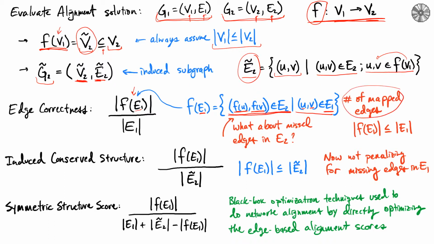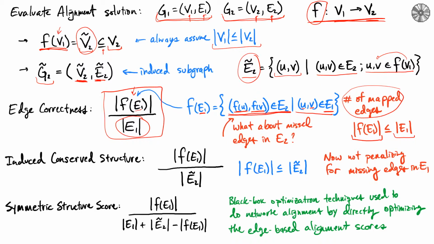And notice that the number that we map correctly is always going to be less than the total number of edges that we're matching. And so for that reason, we just take this fraction, and it tells us the fraction of edges out of the first graph that we map correctly. Now the problem with this is that if we have 2 graphs, it's not clear that the first one should definitely denote the quote-unquote true graph.